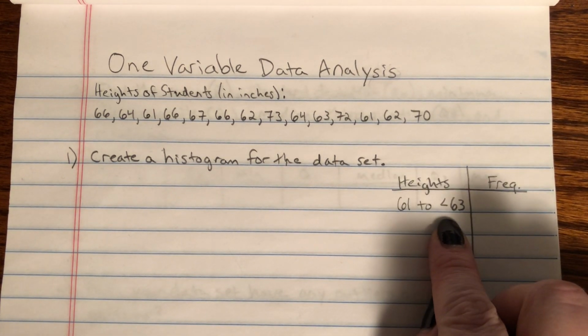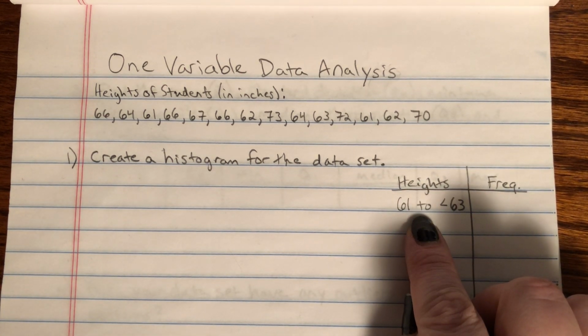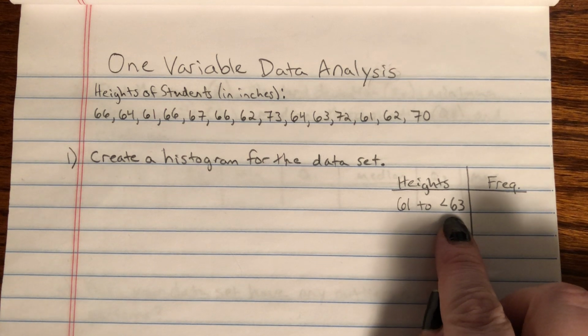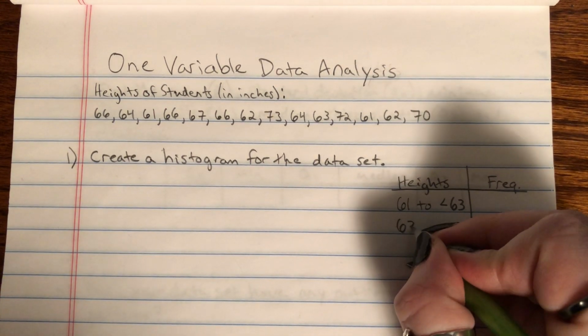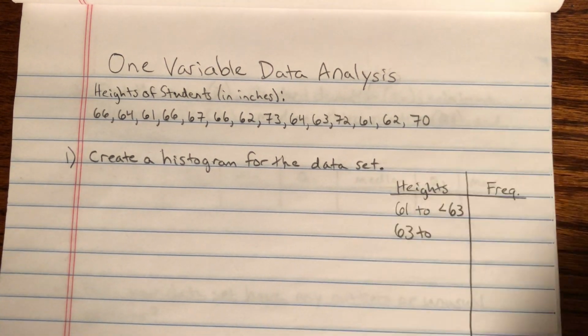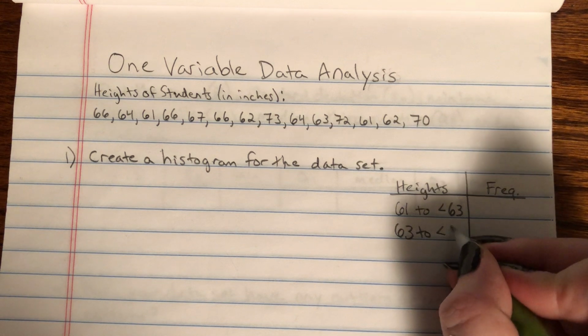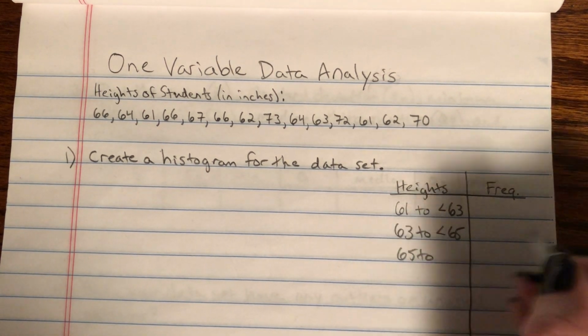So 62.999 repeating forever would still be included in this range of values. However, the moment you reach 63 exactly, you are going to go to the next bar. That number is going to be counted in this next section. And I'm going to go up to just less than 65, and keep following this pattern all the way through.